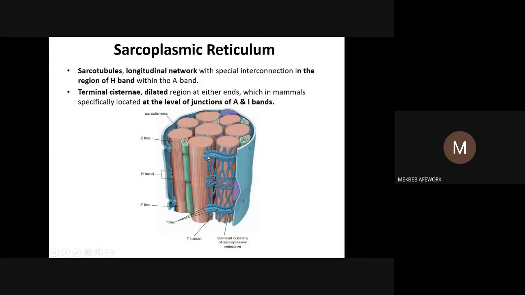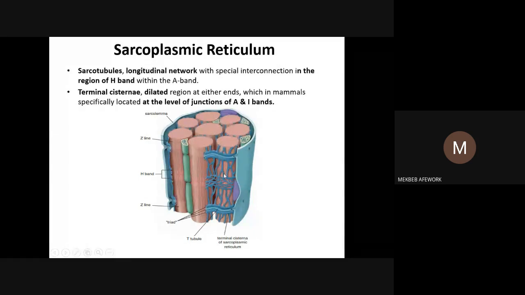So a sarcoplasmic reticulum has a tubular region, the sarcotubule, and two terminal cisterns. And a terminal cistern is found at the junction of the A band and I band. That's one important thing to know.